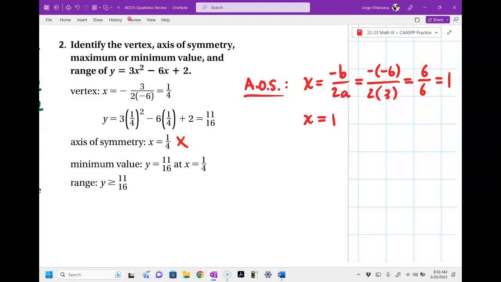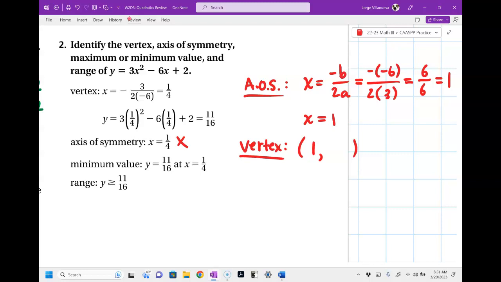So obviously, if that's wrong, then my vertex is going to be wrong, right? Because I need to use this number to plug in my value. So let's find out my vertex. Well, it's going to be 1 comma something. Because remember, you plug in your axis of symmetry as your x value.